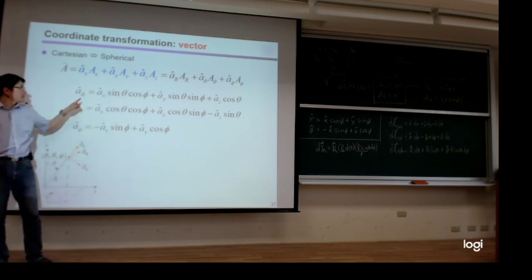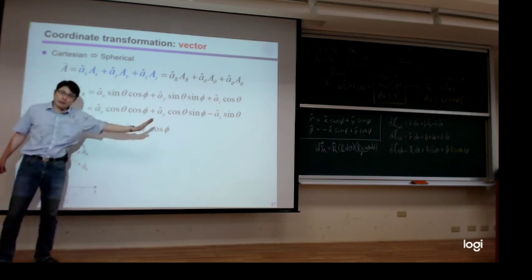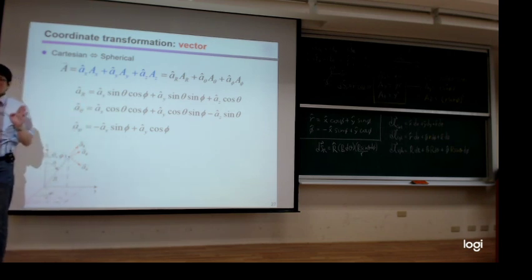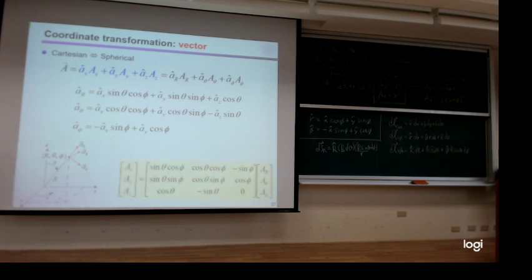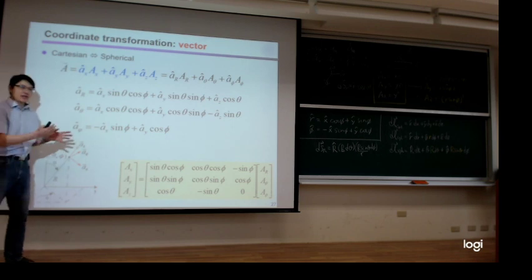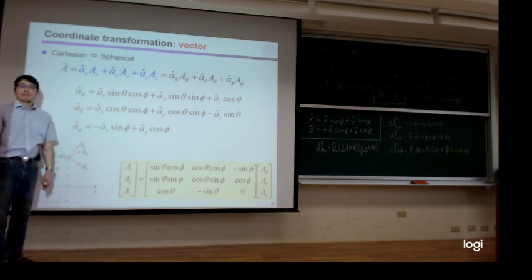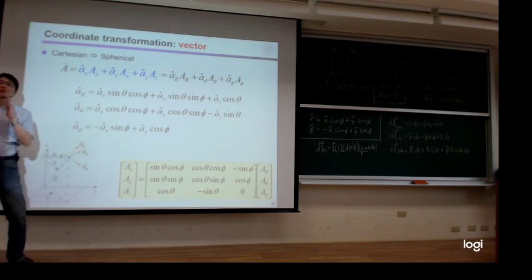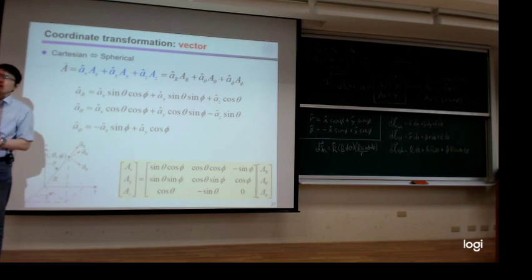Here, A_R, A_theta, A_phi can be properly formulated by the unit vectors in the Cartesian coordinate. So once you know this, basically, the transformation is straightforward. Okay? So I'm leaving this page for you to work on your own.